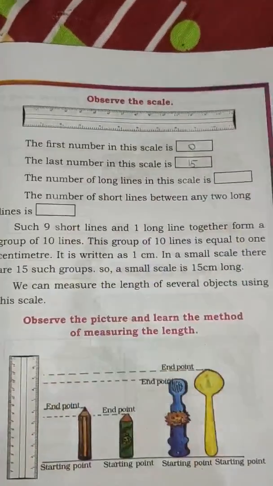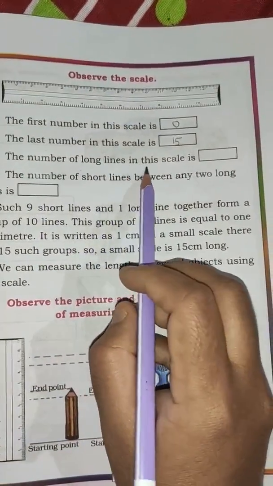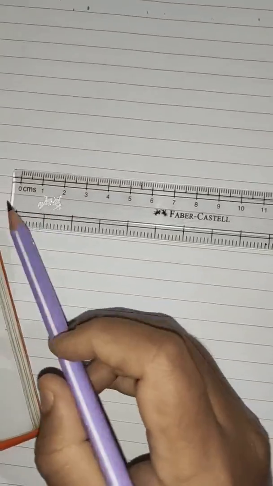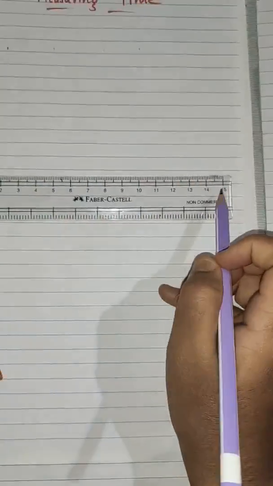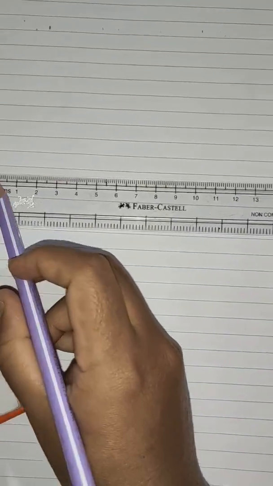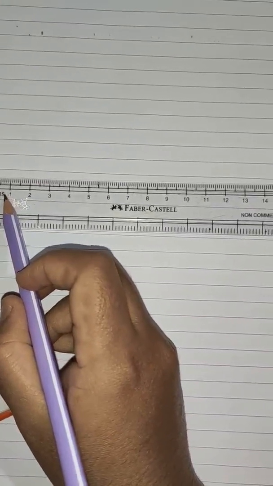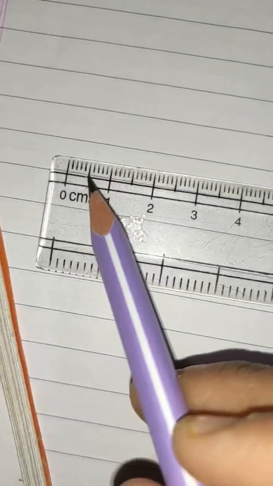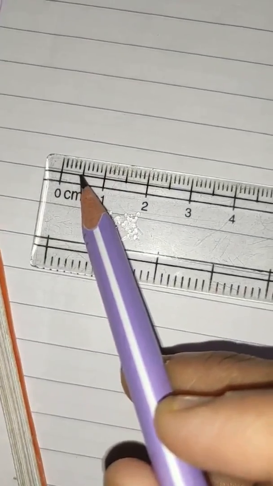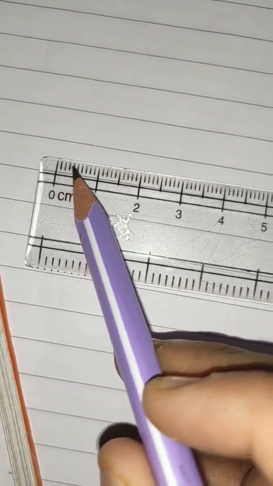Next is the number of long lines in the scale. Children, here you can see that there are 3 types of lines we can find in the scale, from 0 to 15. Here we have long lines. Then we have short lines like this, the smallest ones.